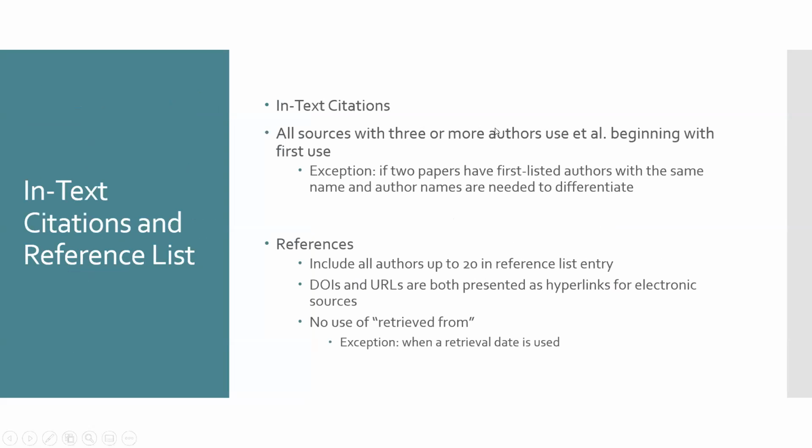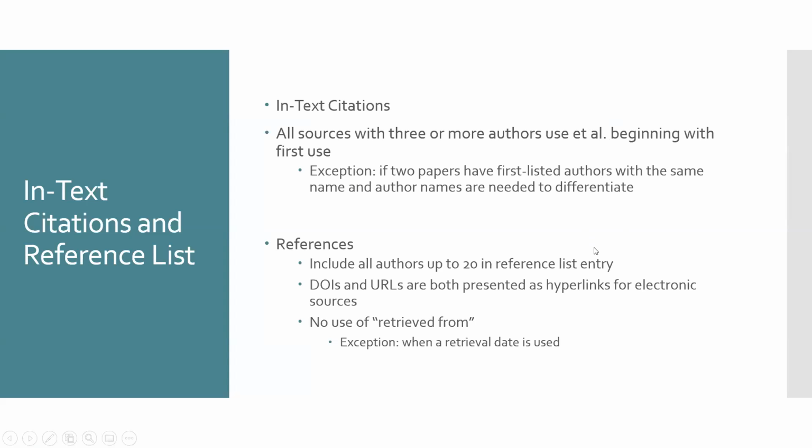Awesome. So in-text citations, let's get a little bit more into this because there were some differences between the 6th and 7th edition of in-text citations. The biggest difference is that for in-text citations now, if you have any source with more than 3 authors, then you are always just going to use the first author's last name and then the words et al. with a period afterwards.